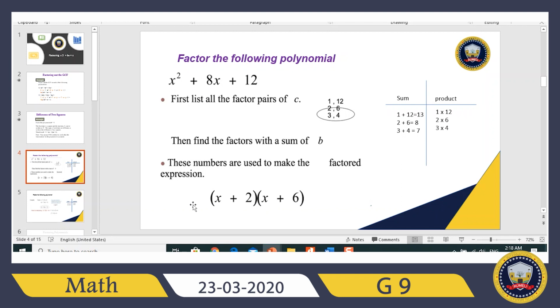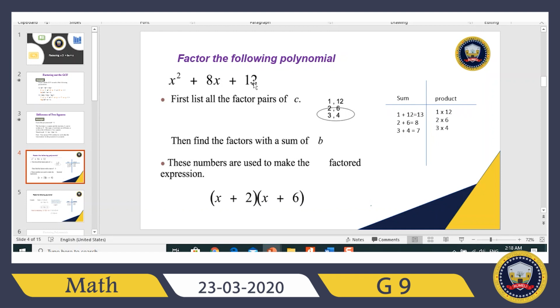Then let's skip the middle term and go for the last term, the 3rd term. I will look at its sign. It's a positive sign. So as long as the operation sign of the third term is positive, I will go on my rough side and put like a table. Then I write down the factors, or what are the factors which give me 12.